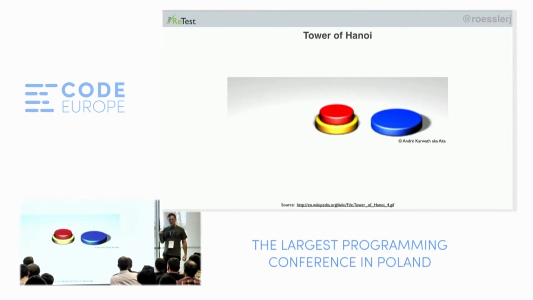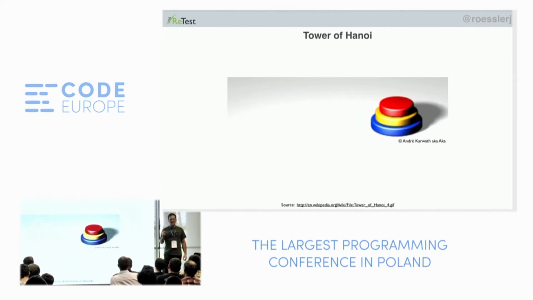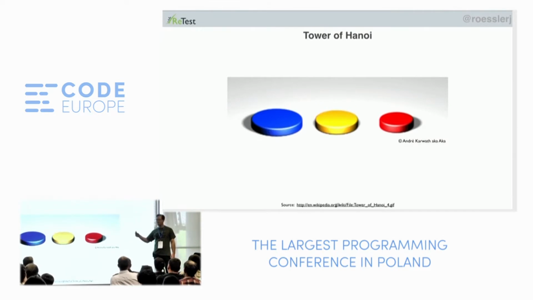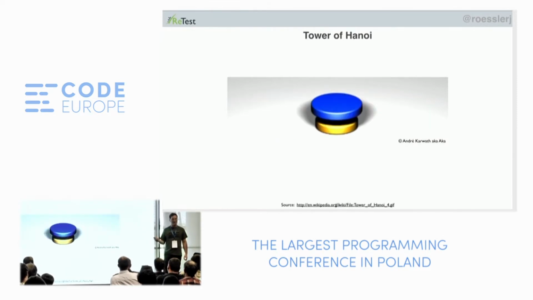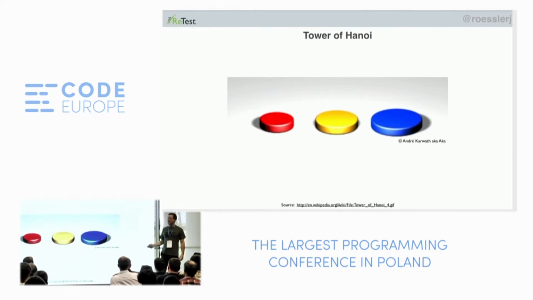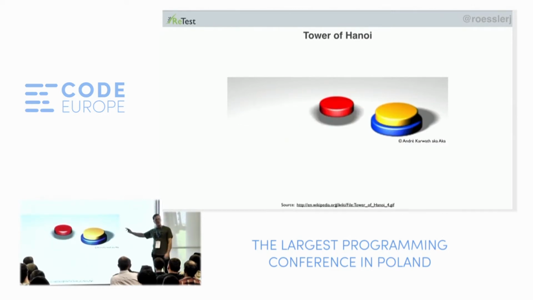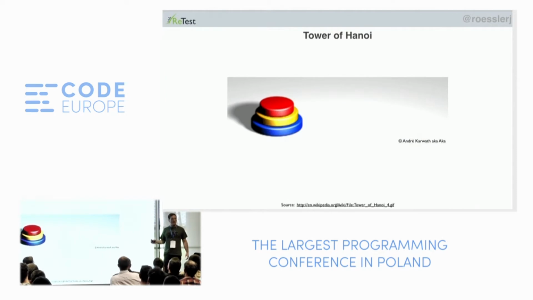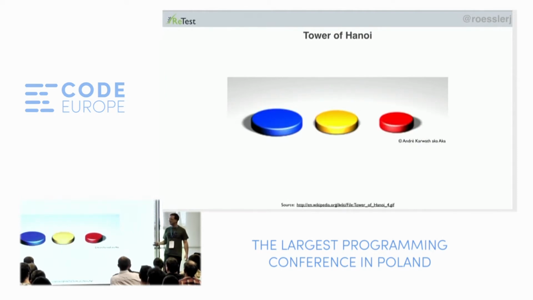And there are two rules: you are only allowed to move one slice at a time, and at no point is a bigger slice ever allowed to sit on top of a smaller slice. This is essentially the game. And if you play this game with 6 slices, or here the animation has only 3, but if you play it with 6 slices, it's a solved problem, so we can very well calculate the numbers for it.